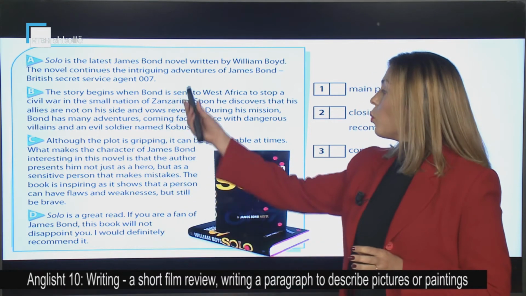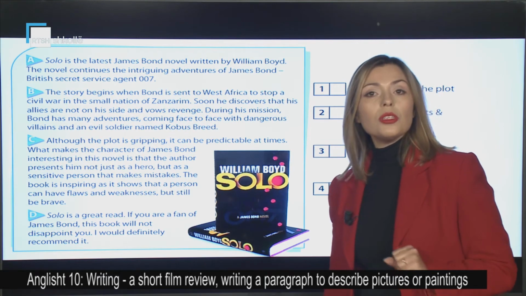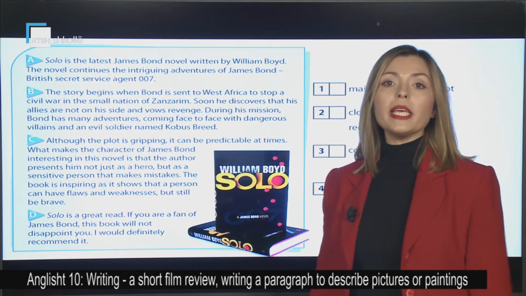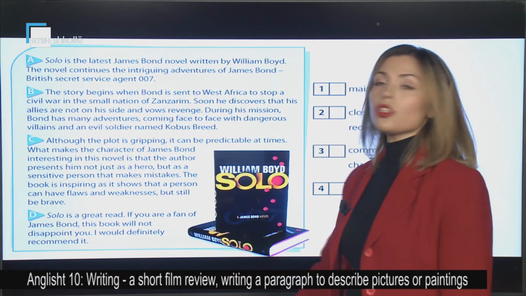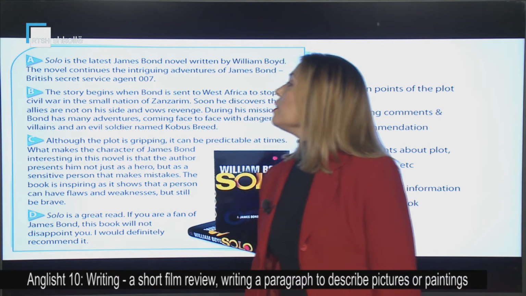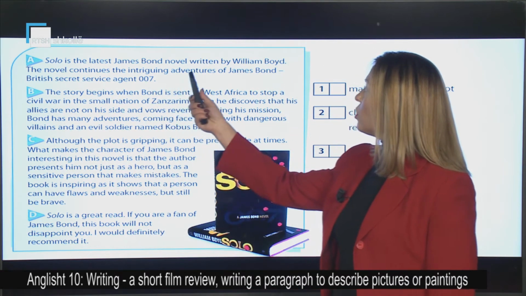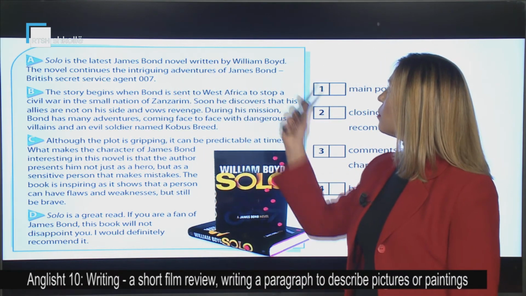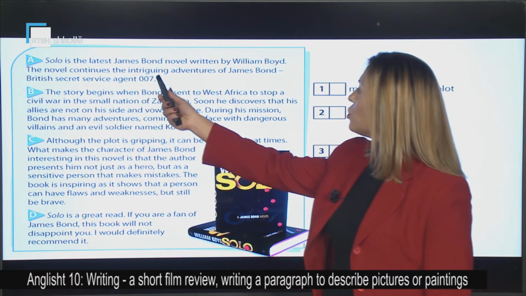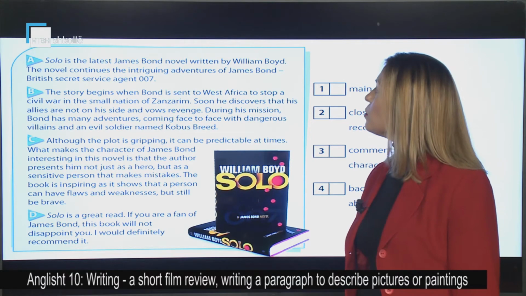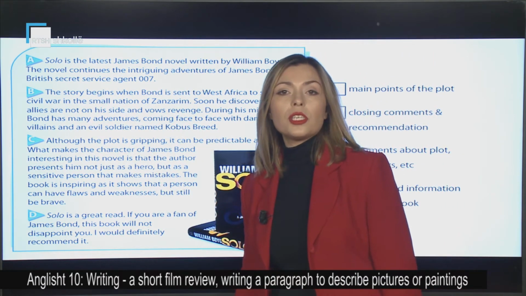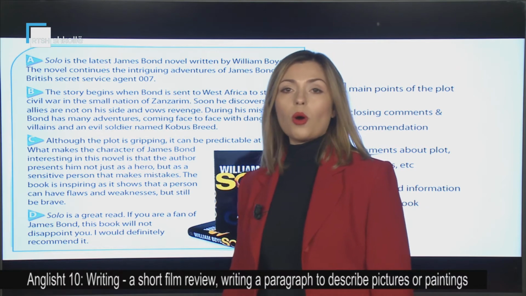Okay, we have the model, we're going to start reading together, and then we need to say what each paragraph includes. So, let's start reading. Solo is the latest James Bond novel written by William Boyd. The novel continues the intriguing adventures of James Bond, British Secret Service Agent 007.